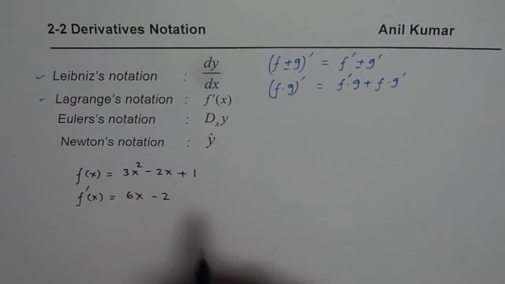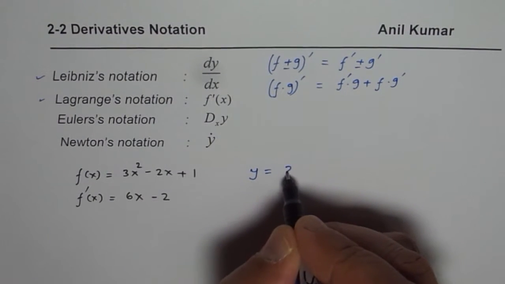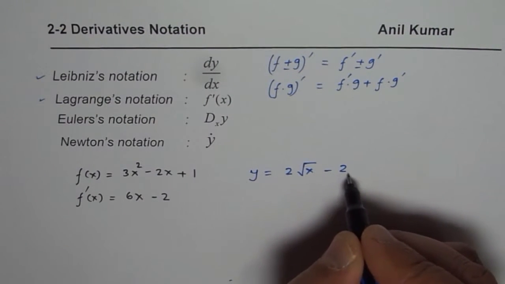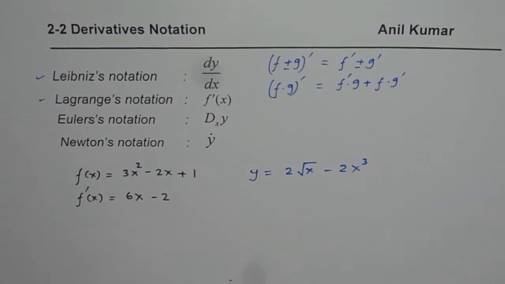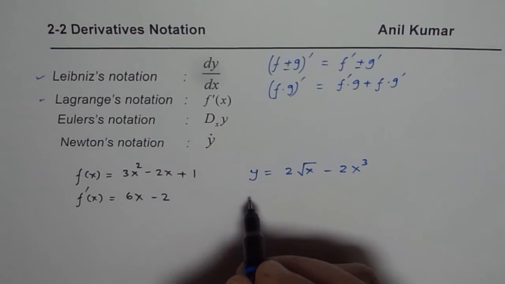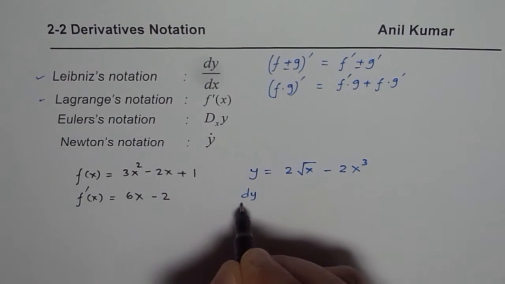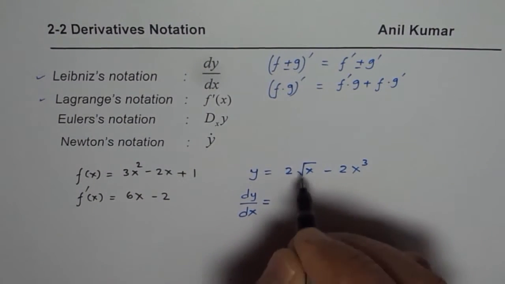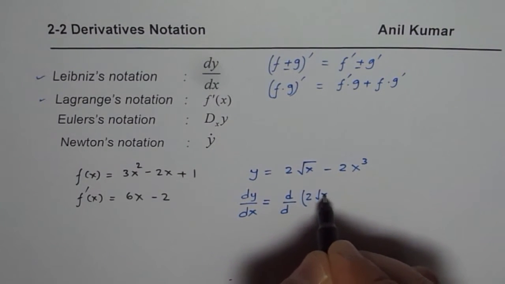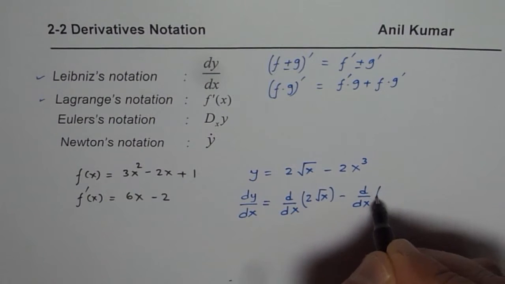However, if I write a similar equation in the form y equals, let me take a radical like square root of x, for example, minus, let us say, 2x cubed. I'm just adding some numbers with variables, right? So if I have something like this, I'll prefer to use Leibniz's notation dy dx. So we can write the derivative as dy over dx equals d dx of 2 square root of x minus d dx of 2x cubed.